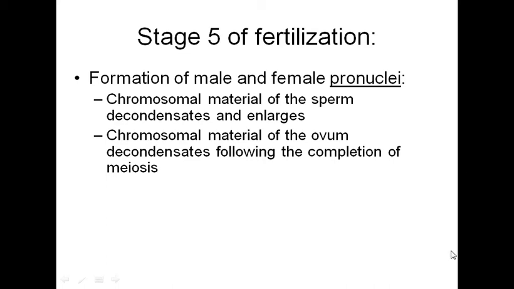Now coming to stage 5 of fertilization. Now in stage 5, formation of male and female pronuclei. Pronuclei कैसे बन रहे हैं? The chromosomal material of sperm and ova will decondense and it will enlarge. ठीक है, तो अब इनका नाम प्रोन्यूक्लियाई हो जाएगा. तो दिस विल हैपन इन स्टेज 5 ऑफ फर्टिलाइजेशन.